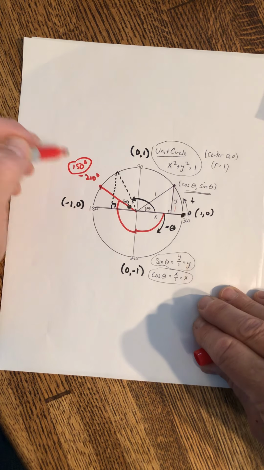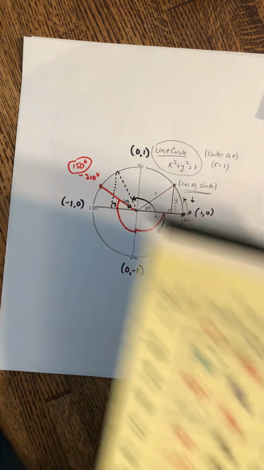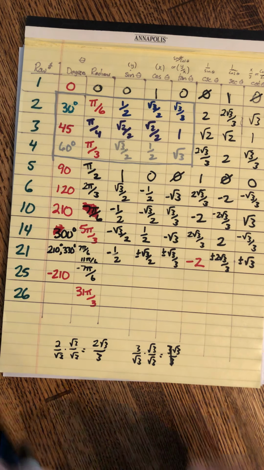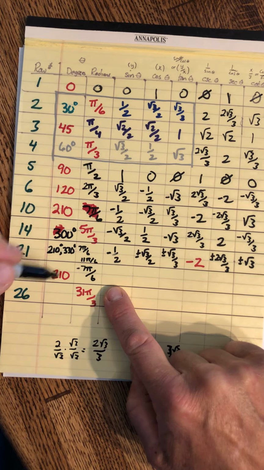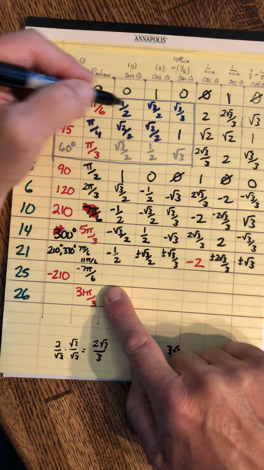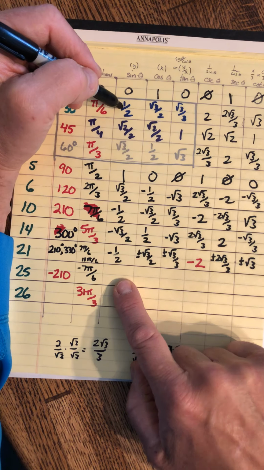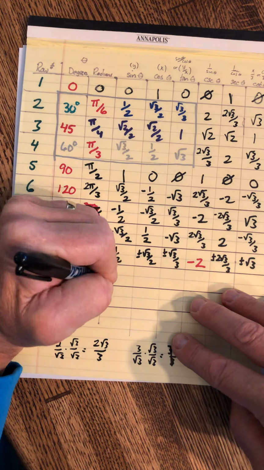So for the rest of the table, all you've got to do is think of this as being a 150 degree angle. Okay? So is the rest of this going to be the same as +150 was? Well, +150 is in the pi/6 family, so these numbers are going to show up again. 150 degrees is above the origin, so that's positive for y, so it'll be +1/2.